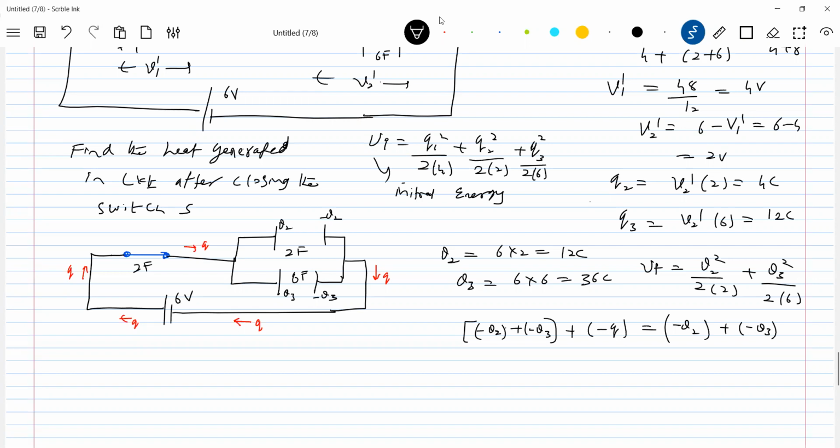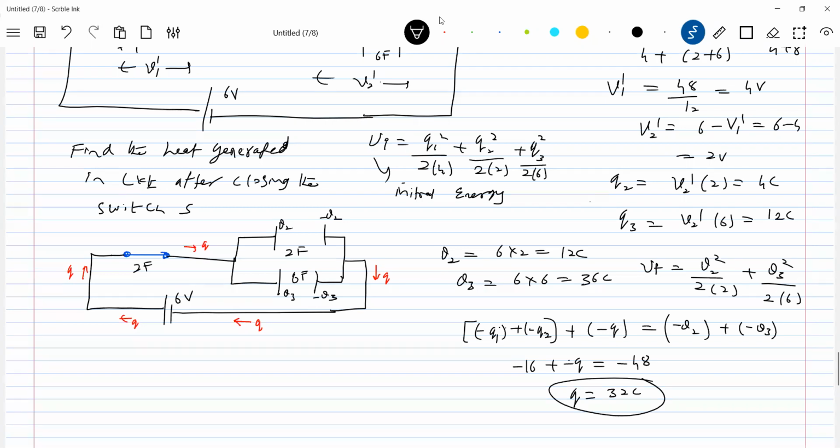Okay, substitute all these values. So this earlier charge Q1, Q2, Q1, this was total, the sum of that, here minus 16. Minus Q should be equal to minus 48, or Q should be equal to 48 minus 16. This should be 32. Whatever the work done by the cell, positive or negative, positive charge left the positive terminal.